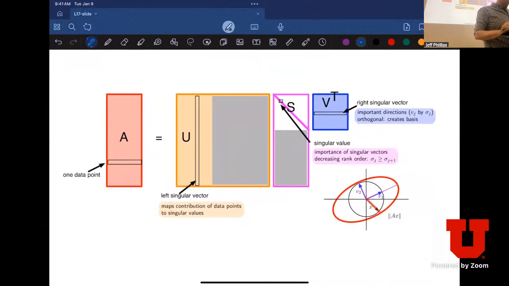What I said before: these are the left singular vectors, the columns of U, and the rows of V, because it's been transposed, give me the basis. Those are the right singular vectors. The singular values are along the diagonal here.